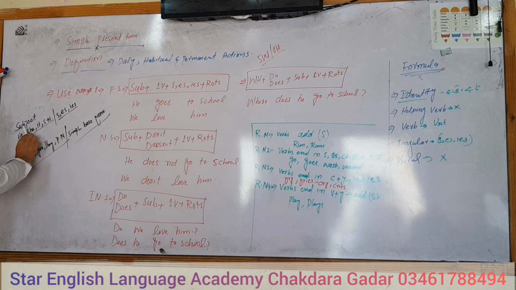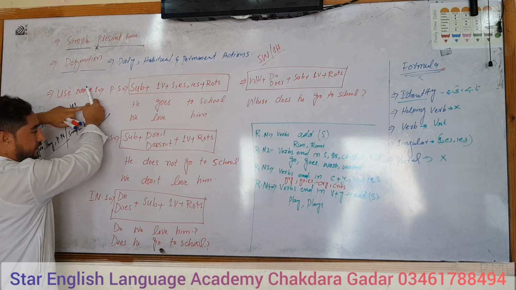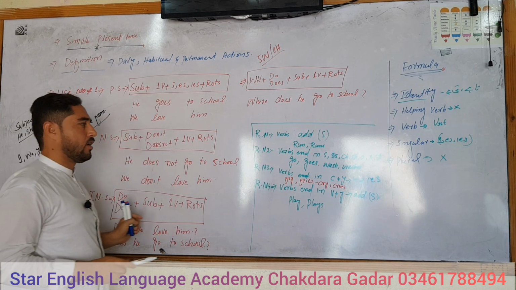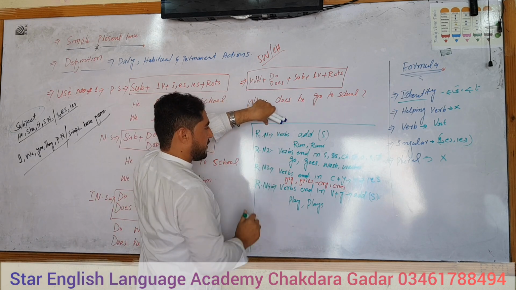So look at that. If the subject is he, she, it or a singular noun, we will add s, es or ies, and that depends on these rules. I will explain these rules. And when the subject is I, we, you, they or a plural noun, we never add s or es. So look at the rule number one.